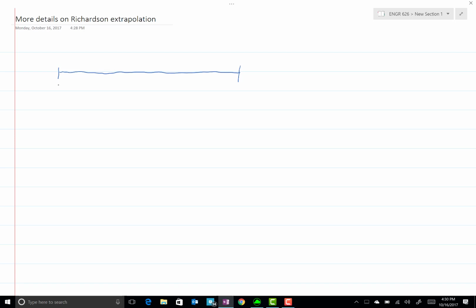Let's say that we have a problem domain stretching from x equals 0 to x equals L. And let's suppose that our original number of nodes is just 3. In every case, that is for every iteration, we are going to use uniform spacing.